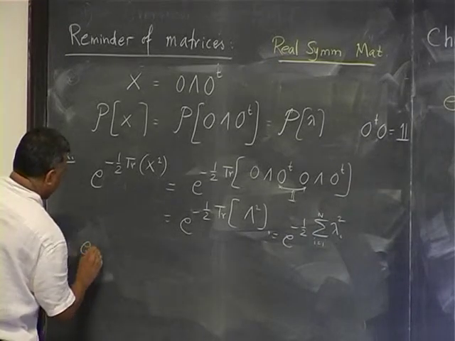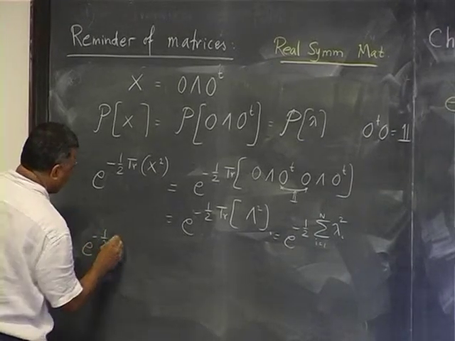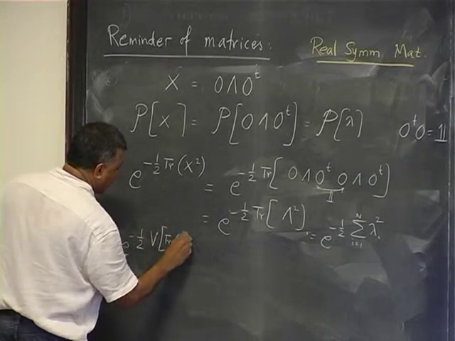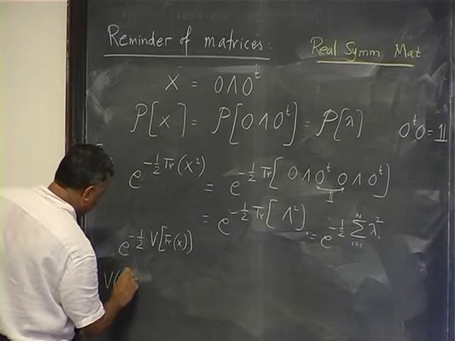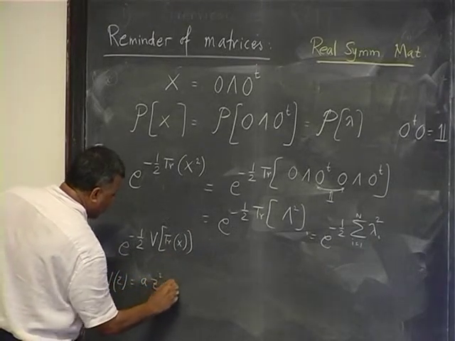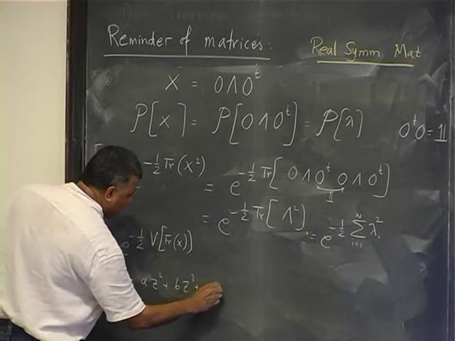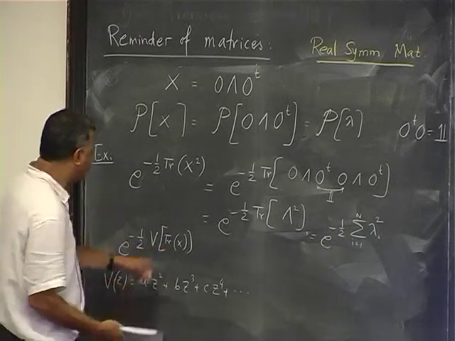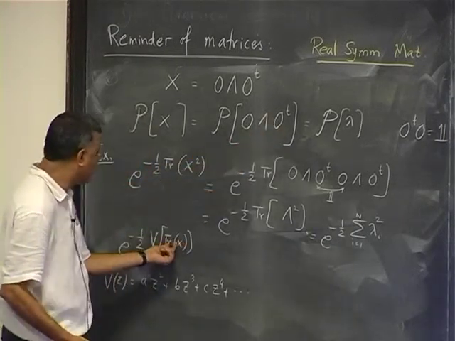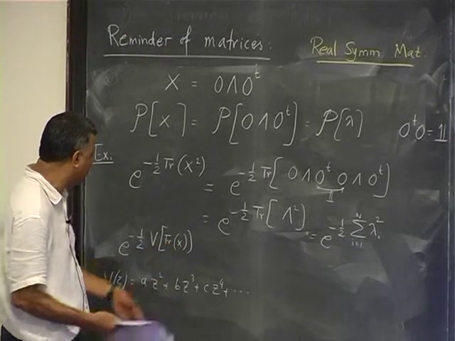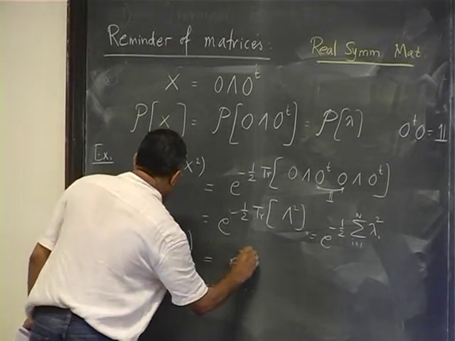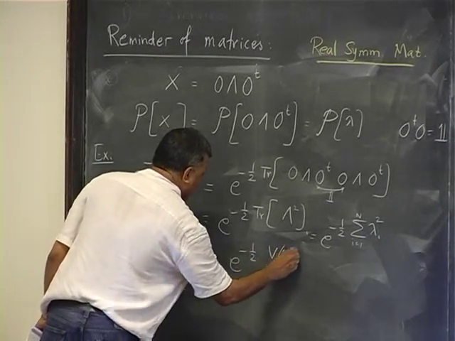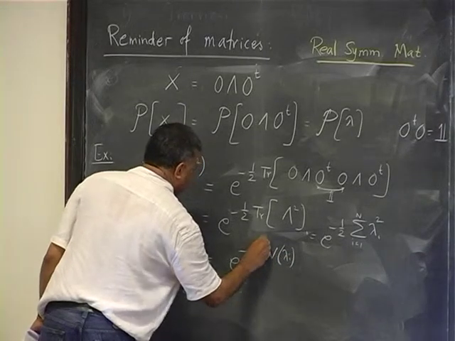But if I use any other potential, for example minus half V of trace of x, where V is any arbitrary function, for example Gaussian or any polynomial, again you make this rotational transformation and you see the trace is invariant under it. So under the change of variable, this just becomes V of lambda i, summation i equal to 1 to n.